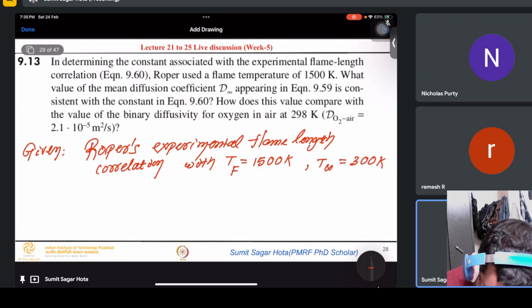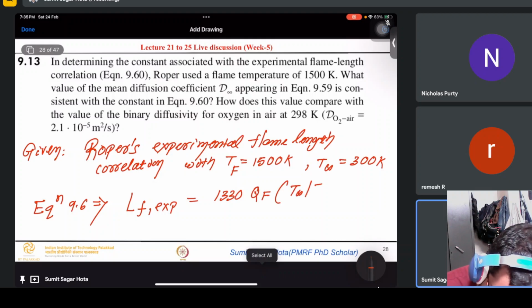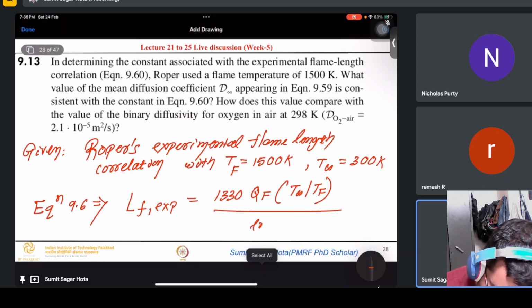Else given equation 9.6 also given. 9.6: f experimental is equal to 1 3, f t infinity by t f on 1 plus 1 by.